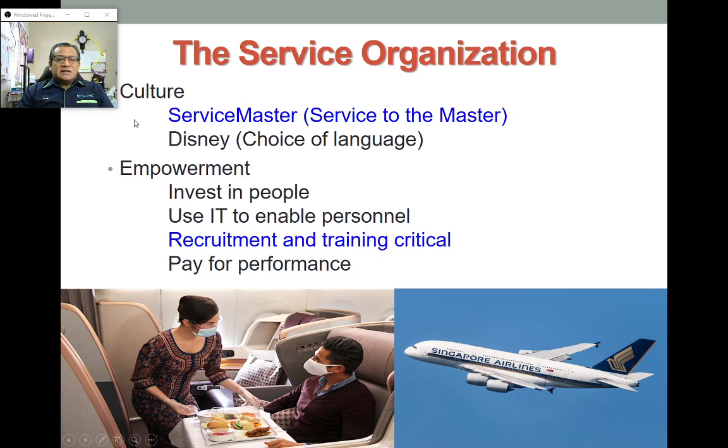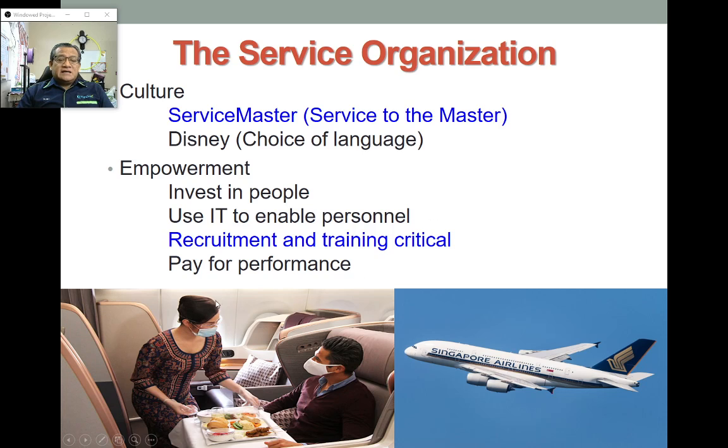Okay, its culture, I would believe, is that all the Singapore Airlines employees have been trained to practice service master. What is service master? Basically, when Singapore Airlines employees serve customers, they treat them as if they are serving their master. It means that you give the best of the best to the customer.